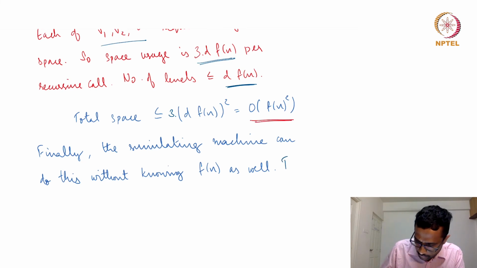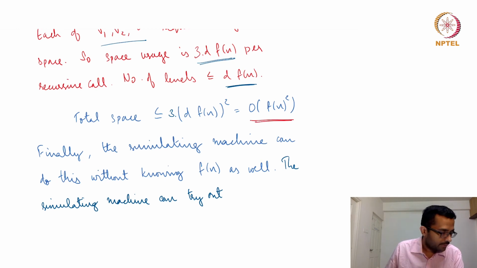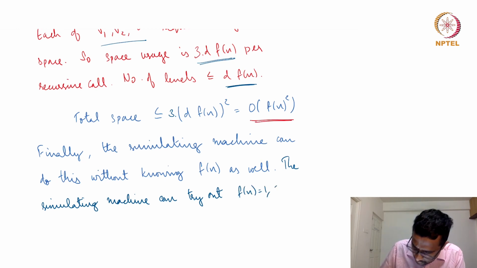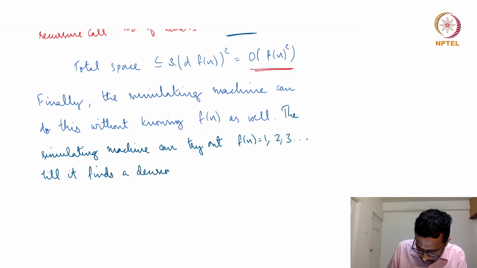So the simulating machine can try out fn equal to 1, 2, 3, and so on, till it finds a decision.